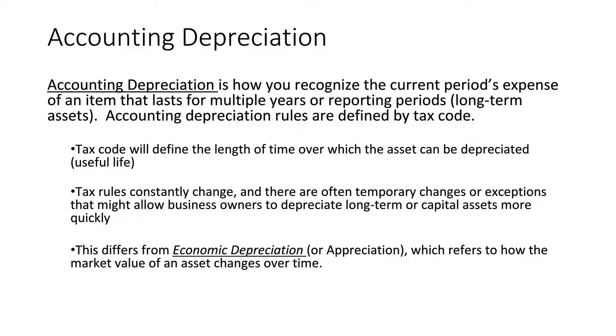The other point I wanted to make about accounting depreciation is that this is something separate from economic depreciation or appreciation, which refers to how the market value of an asset changes over time.